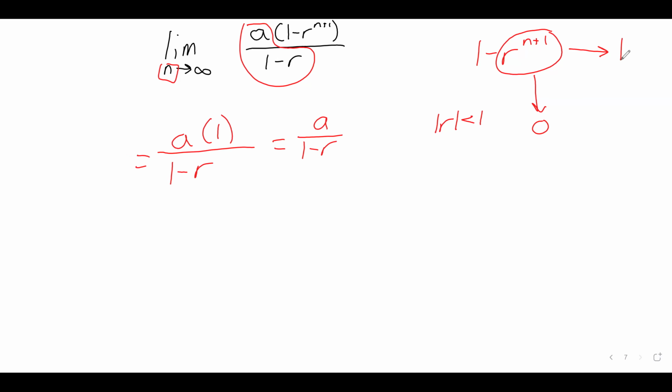And if the absolute value of r is, well, if it's equal to 1, it's just a kind of messy case. If it's equal to -1, you get some sort of Grandi series like thing.